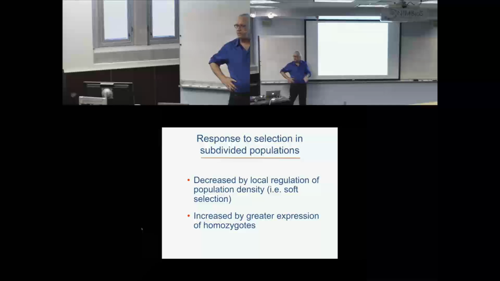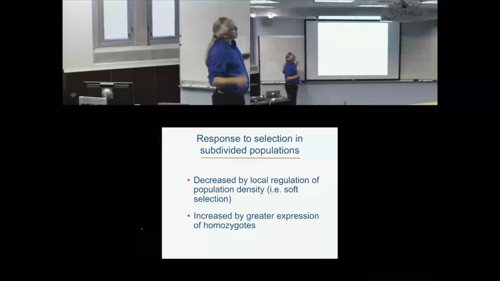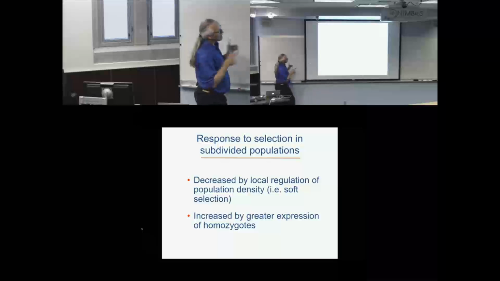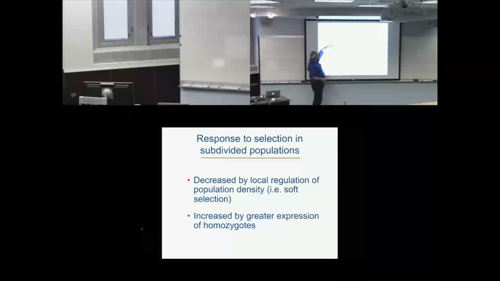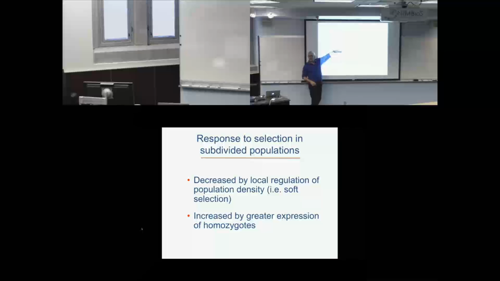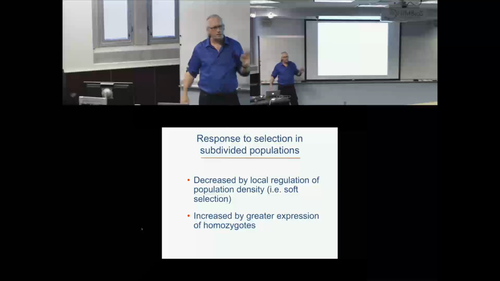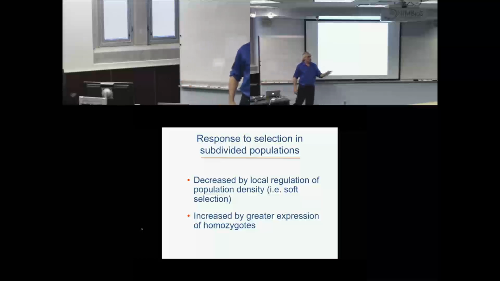This is spatially uniform selection. Okay, so the response to selection, how much does the population change because of selection? In a structured population, it could be decreased by this local regulation of population density, i.e. soft selection that I was just talking about. So soft selection makes selection less effective, so it would decrease the response to selection.